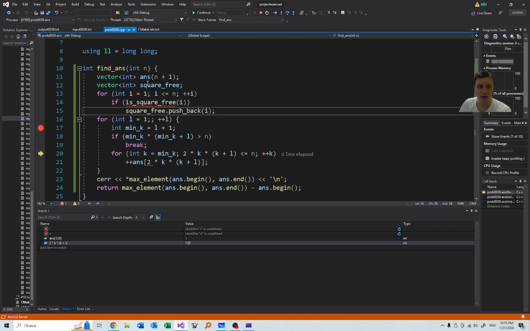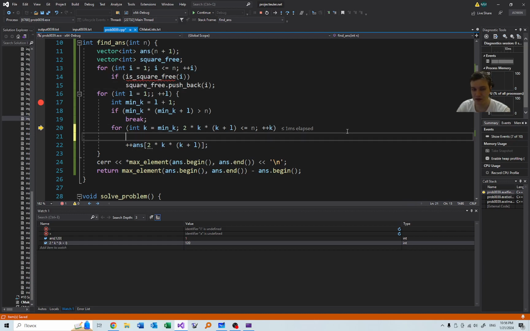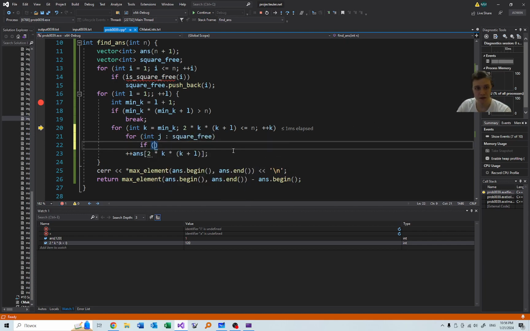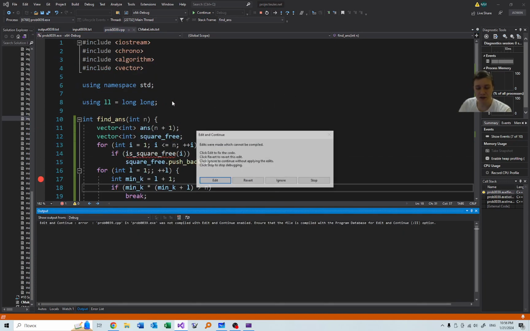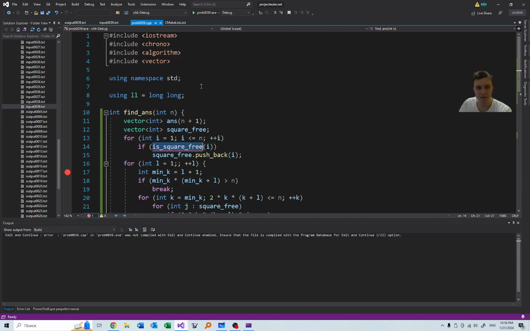Then in the end, we also go through all numbers here. And we check if this number is at most n, then we increment this thing.